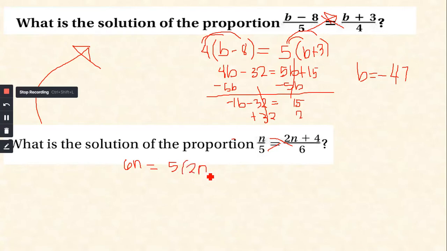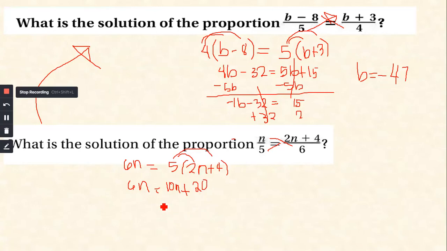Again, as I have told you, you need to draw open and close parentheses to signify multiplication. So you have here 6n is equal to 5 times 2n, that is 10n, plus 5 times 4, that is 20.